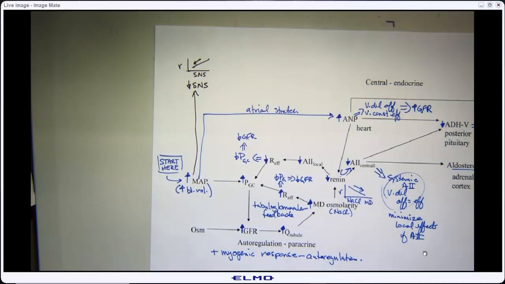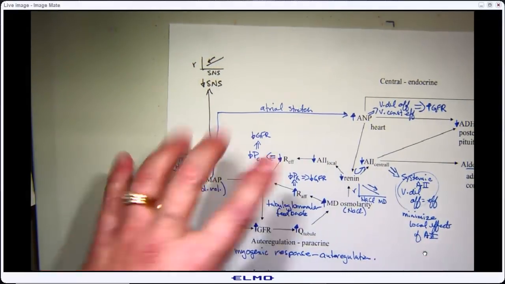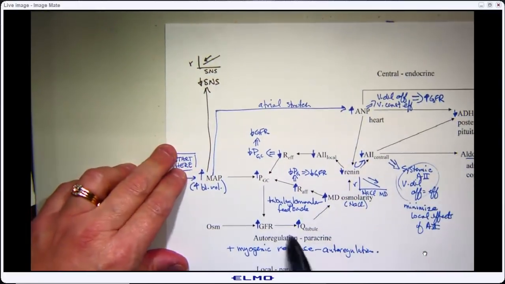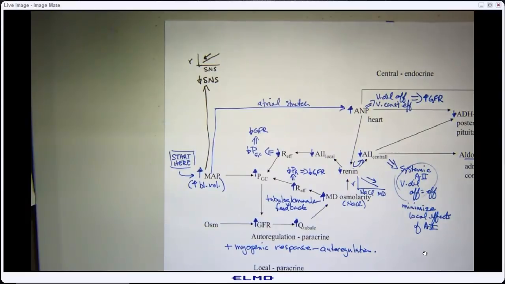Okay, so springing off here is the entire rest of the course, essentially, right? In terms of how we know the body is going to respond to this. Because you know then what the body is going to do, not only in terms of the kidney now, but you know what the body is going to do in terms of heart rate, contractility, total peripheral resistance, all that kind of stuff, okay?